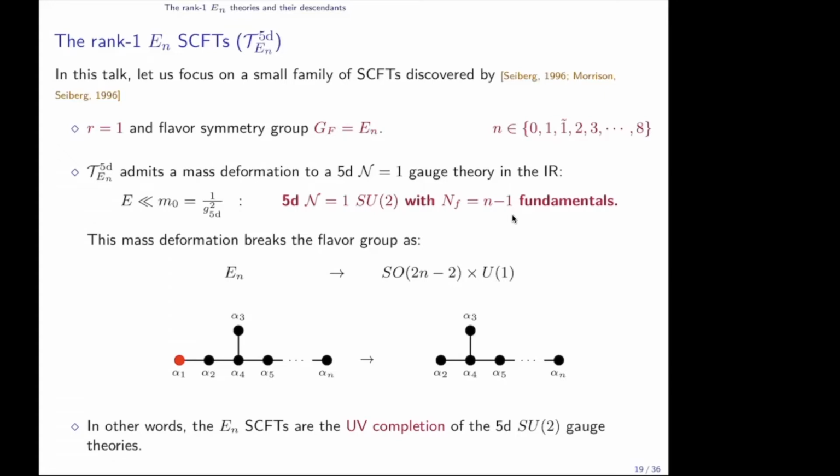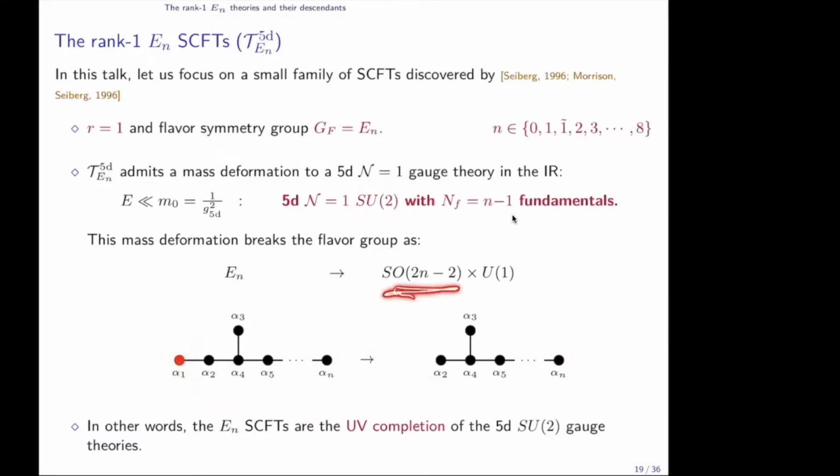And you can think of this SU(2) gauge phase as a mass deformation of the 5D fixed point. So the 5D fixed point has a full E_n symmetry, and you break it to SO(2n-2) times U(1) by just removing this node, so to speak, here in the Dynkin diagram.